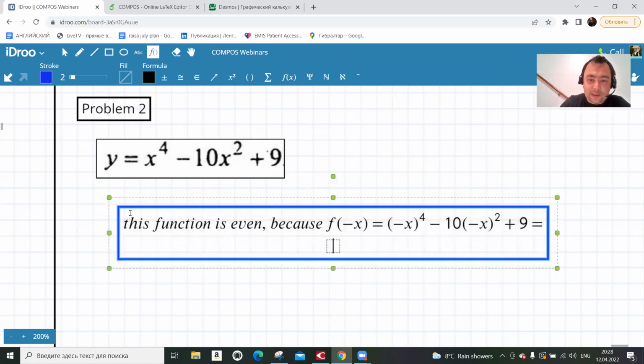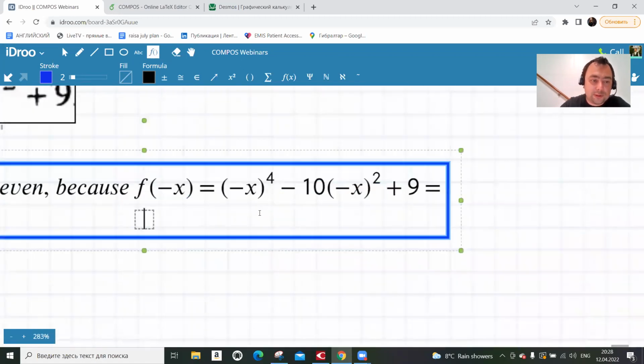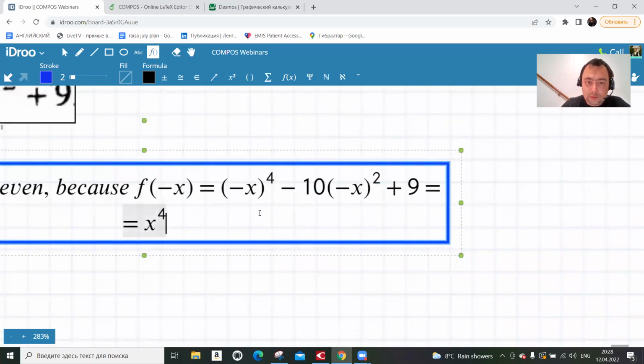And if you simplify that, minus x to the power 4 is x to the power 4, and minus x squared is x squared. Minus x squared and x squared are the same thing. So it's minus 10x squared and plus 9.